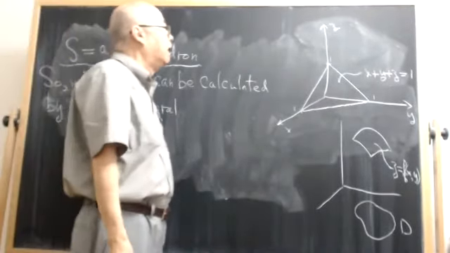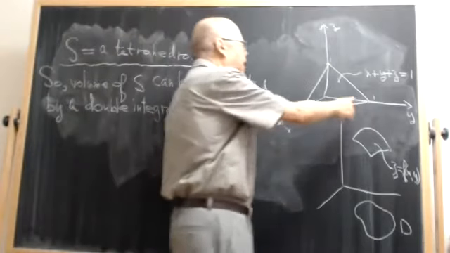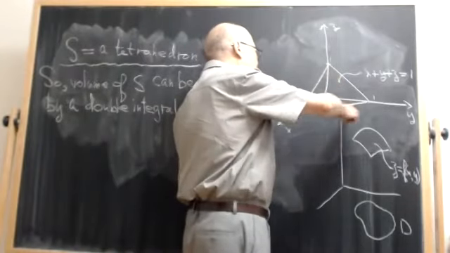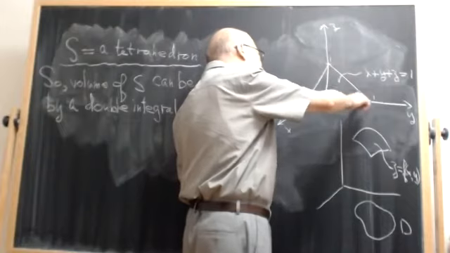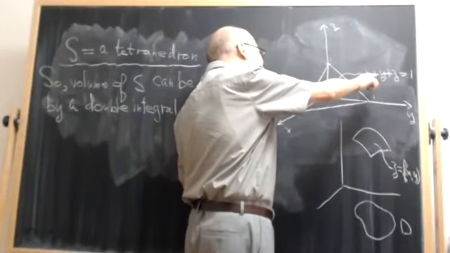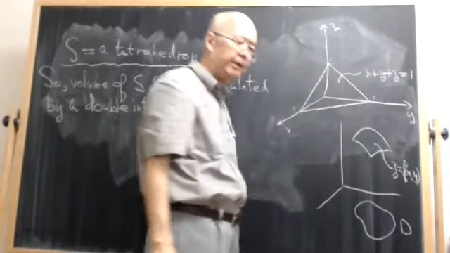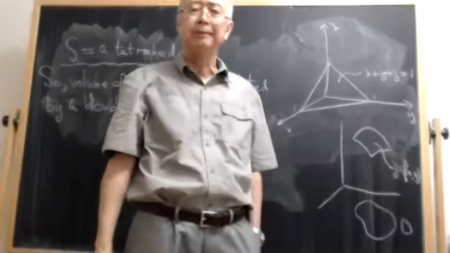So what are you going to do in order to get z as a function of x and y? What is z equal to? Move the x and y to the right side, so it's 1 minus x minus y. Now you got it. Okay.